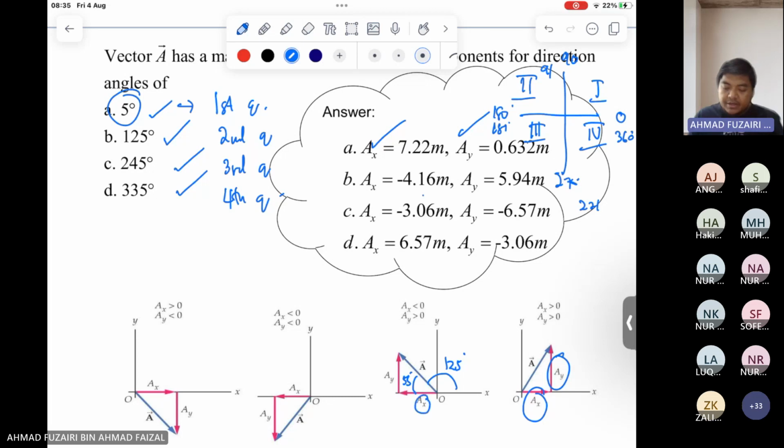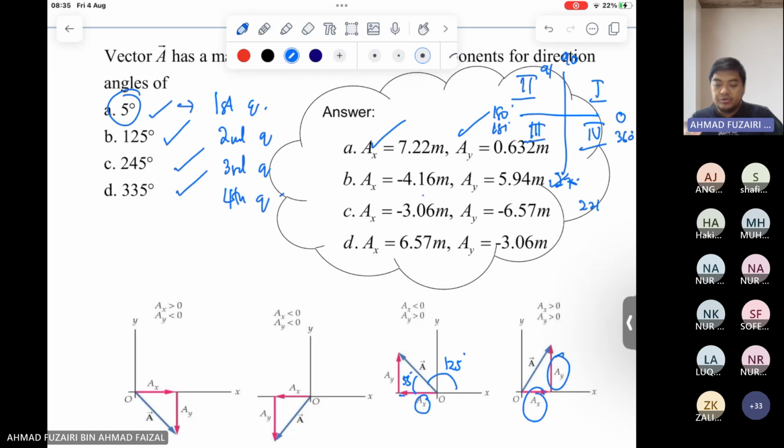So AX ini mesti dalam negatif, nampak dia punya direction dia going to the left. Okay. And AY dia pointing upwards. Okay, that's why nilai dia positif. So the quadrant akan membuatkan awak verify. Okay. You will check your values either is correct or not in terms of positive and negative sign. Itu penting dia untuk kita faham quadrant.